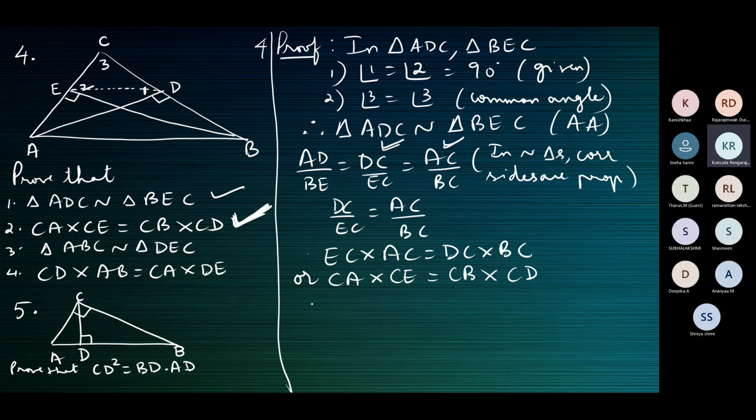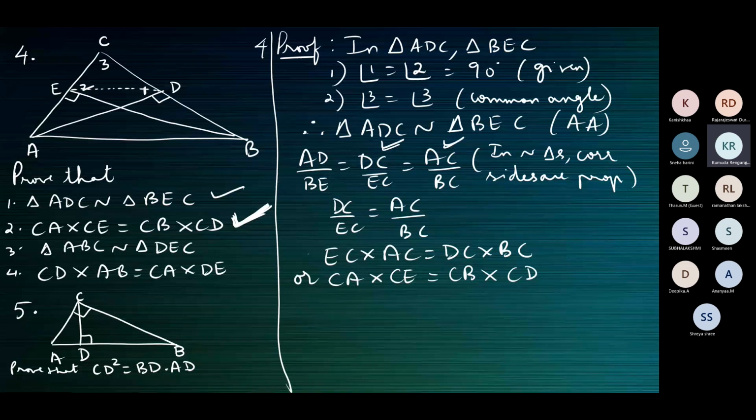Now see, it's not given that DE is parallel to AB. So you cannot say corresponding angles are equal. So as of now, between the two triangles, there is only one angle common, that is angle 3.